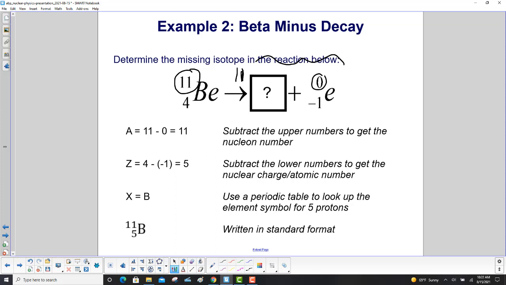Then subtract the lower numbers, which is the conservation of charge, to get the nuclear charge and atomic number. So be careful with the signs. 4 minus a minus 1 gives you 5. So we now have 11 and 5. Use a periodic table to look up the element symbol for 5 protons, and that is boron. So you write it as boron-11, with 5 as the atomic number.